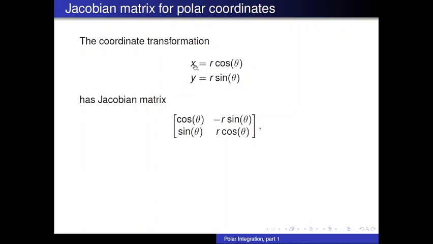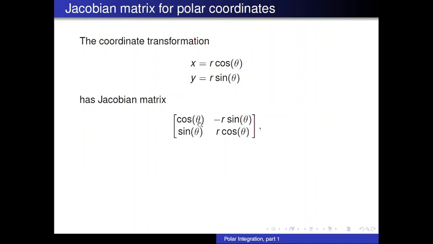So we have our coordinate transformation here. x is r cosine theta, y is r sine theta, and we can get from that what's called the Jacobian matrix. If you were around for the lecture on section 15.9, then you probably remember this, or maybe you don't. It's been a really long time since then. Anyway, what is this Jacobian matrix? Its entries are the derivatives of x and y with respect to r and with respect to theta.